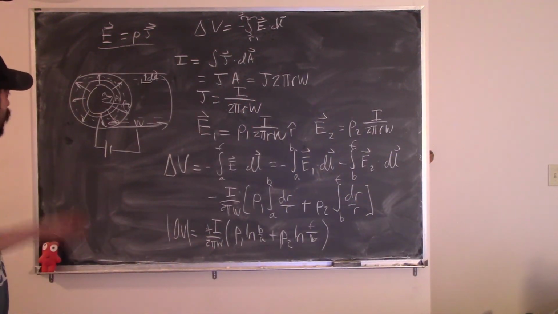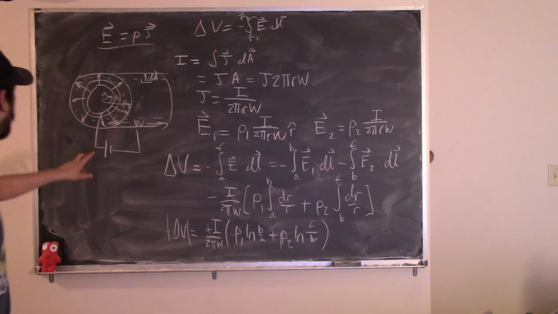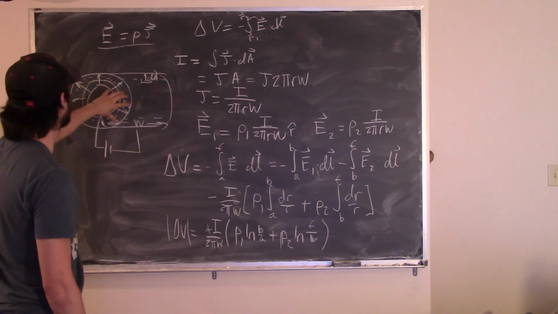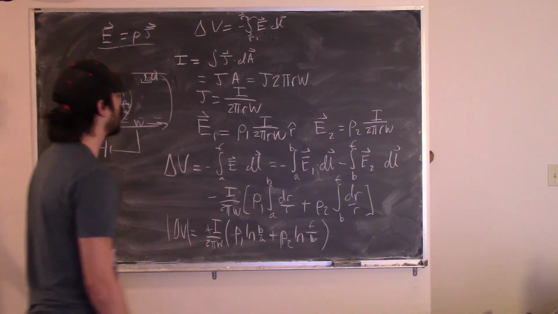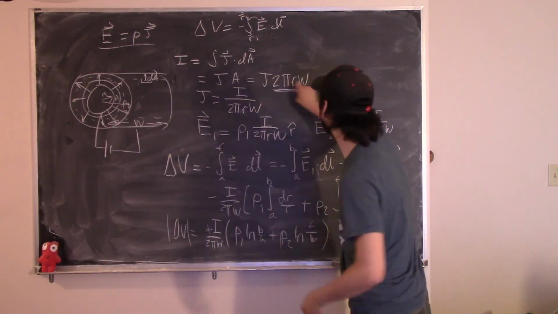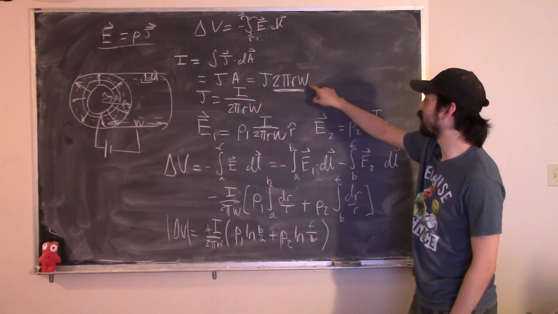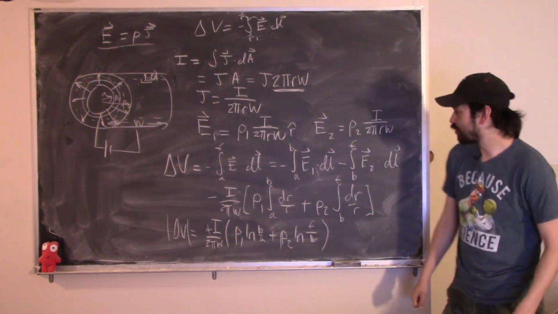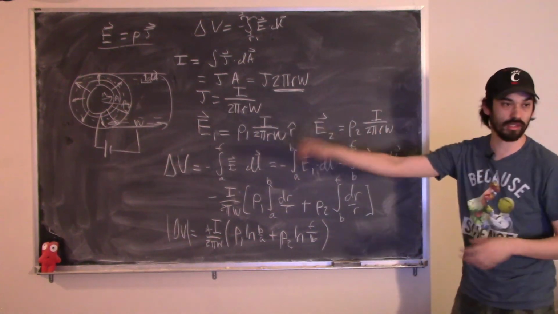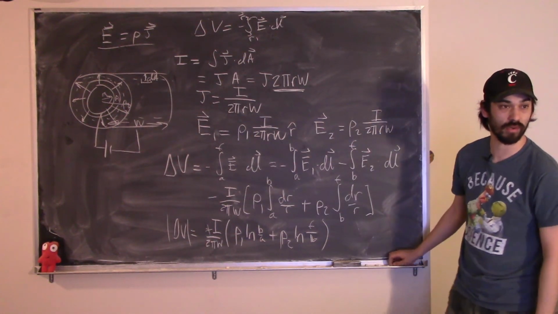We follow all the same steps that we always have when we have these resistivity questions. The thing that makes it a little bit challenging is the geometry. So this is going to be cylindrical, and the important thing to come out of this is that this area A is going to be this 2 pi r times W. Okay. So I'll pause here for a second and see if there are any questions, and then I'll move on to the next one.